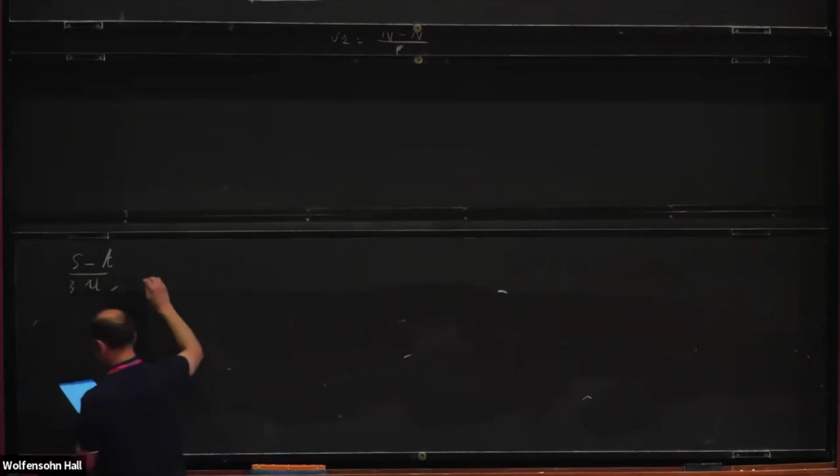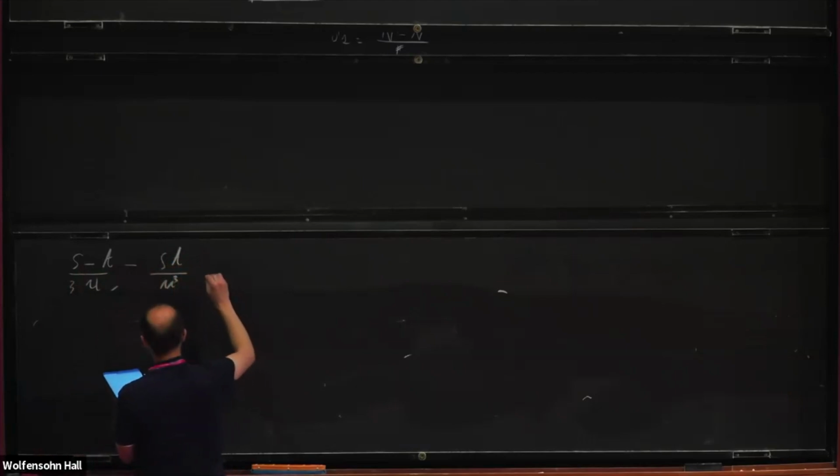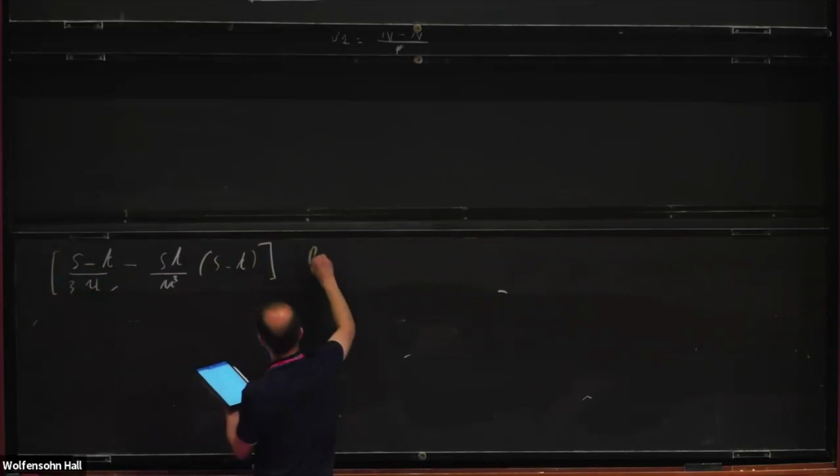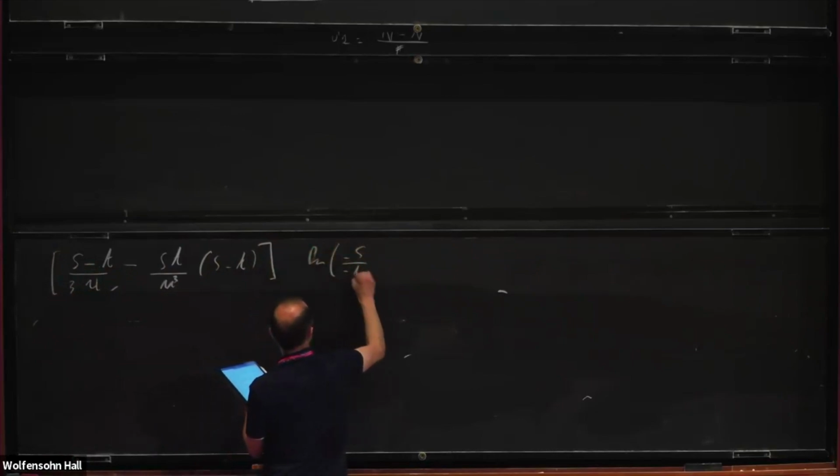Then we get another part, which is s minus t, and again, I don't care about the form. I just care about the singularity structure. Divided by 3u minus st over u cubed, s minus t. Log of minus s over minus t.